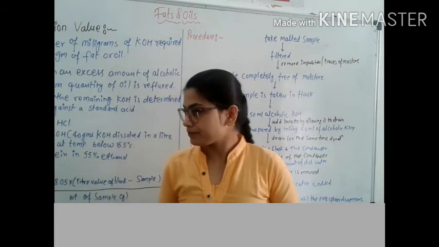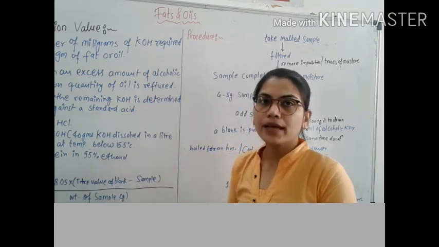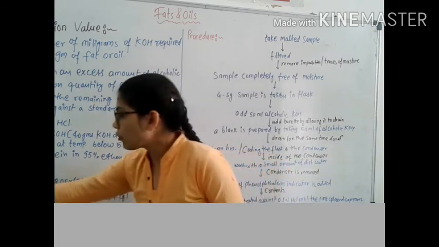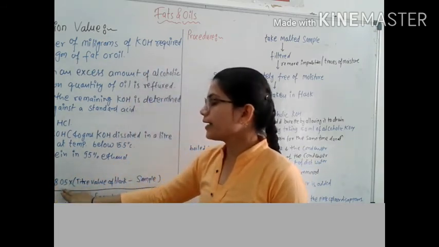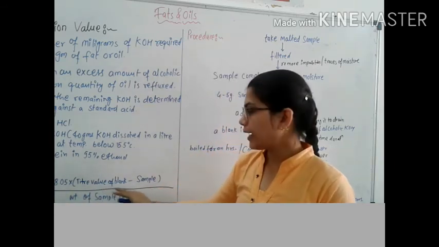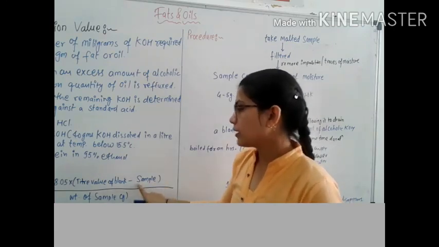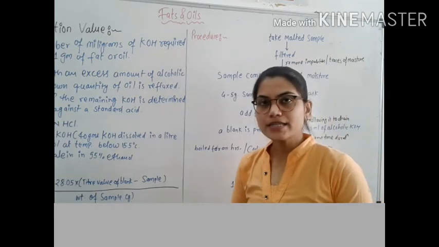Next point is determination. It can finally be calculated using the formula. This is the formula of saponification value. Saponification value equals 28.02 times the titer value of blank minus the titer value of sample, upon weight of the sample in grams. Next point is significance.